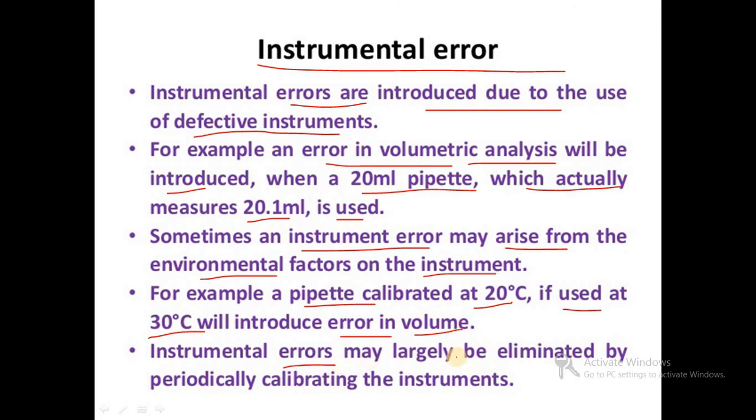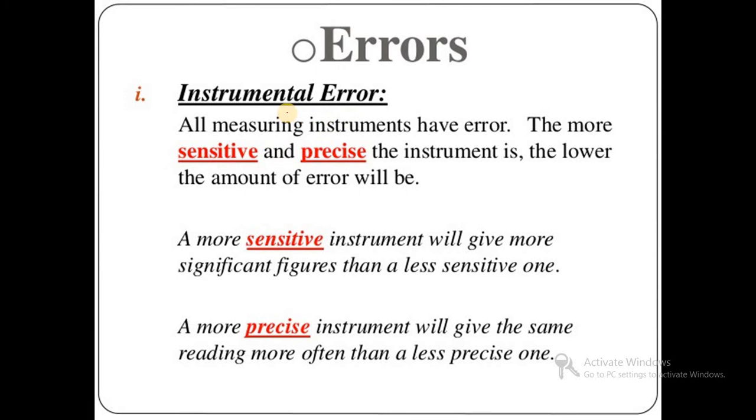Instrumental errors may largely be eliminated by periodically calibrating the instrument properly. All measuring instruments have error. The more sensitive and precise the instrument, the lower the amount of error. Suppose the instrument is very sensitive and precise, then error will be minimized.